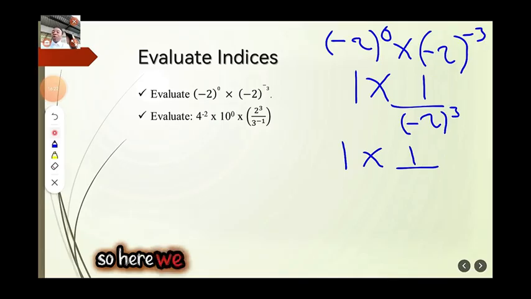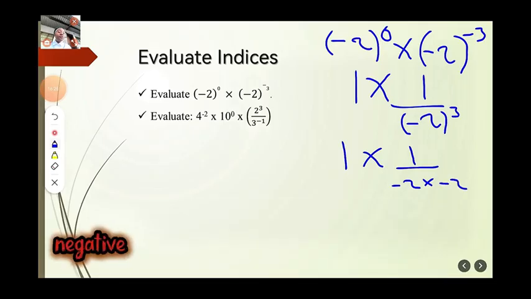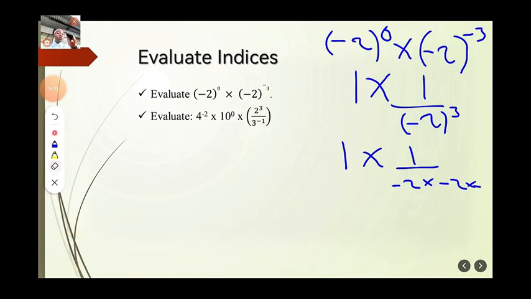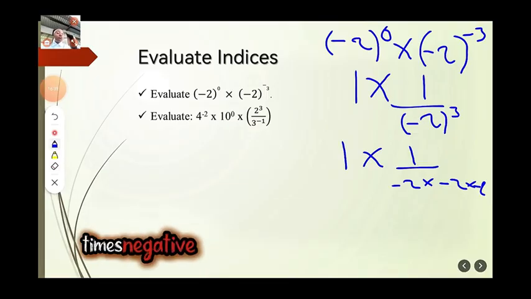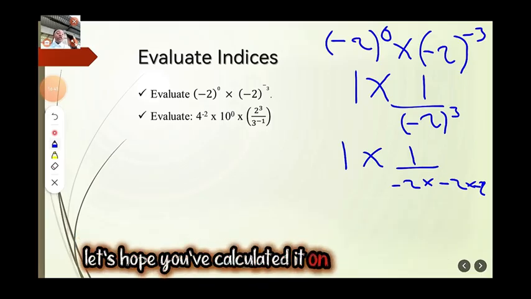So here we are going to say negative 2 times negative 2 times negative 2. Sorry, the space is too small. When we are having such an expression, let's hope you've calculated it on your calculator.